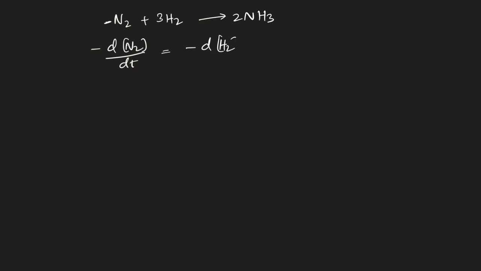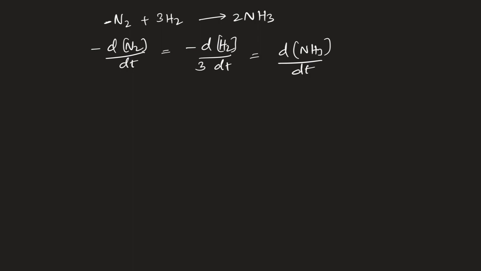I am taking one example, that is N2 plus 3H2 gives rise to 2NH3. This can be written as minus dN2 concentration by dt, denominator here stoichiometric coefficient nothing is there, meaning 1, and is equal to minus dH2 concentration by dt, here denominator is 3, is equal to dNH3 concentration by dt.